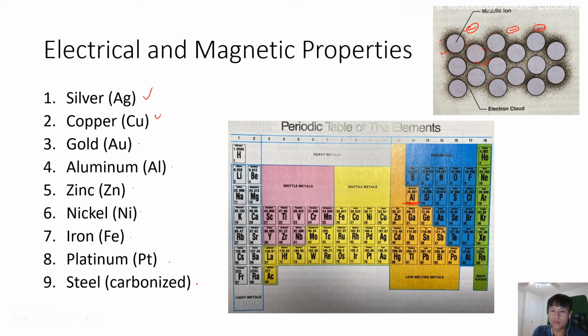Aluminum has three, and zinc has a lot, and then copper, nickel, and silver. These areas of metal have high electrical or magnetic conductivity.